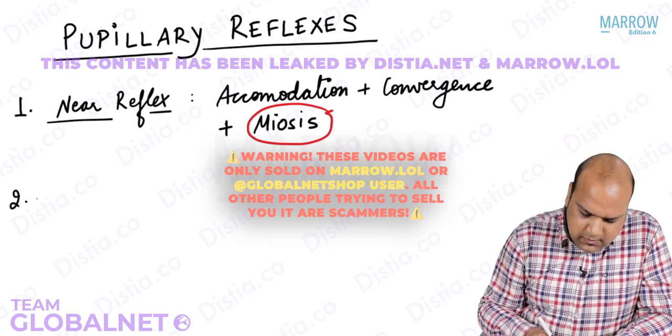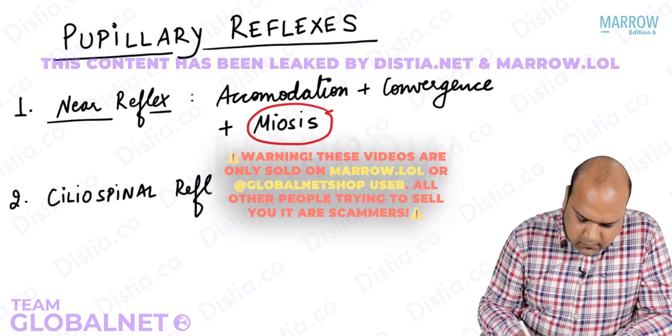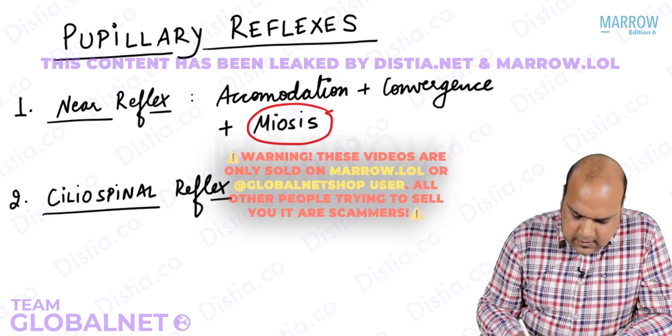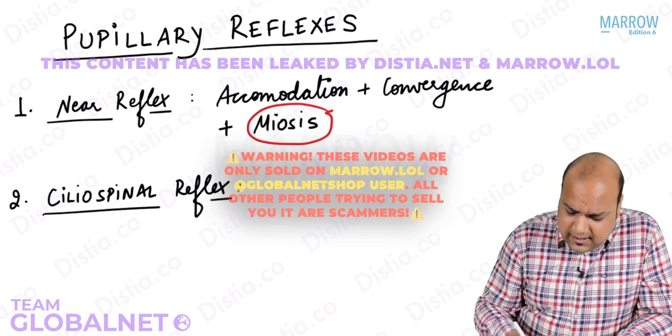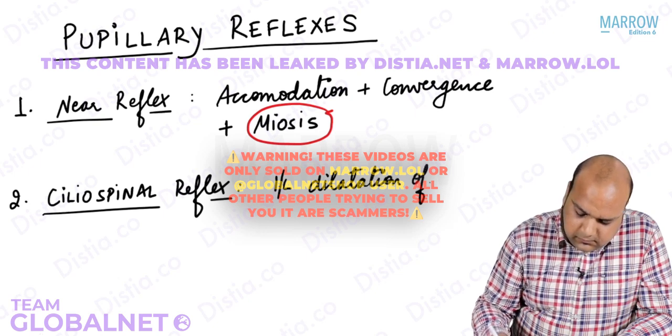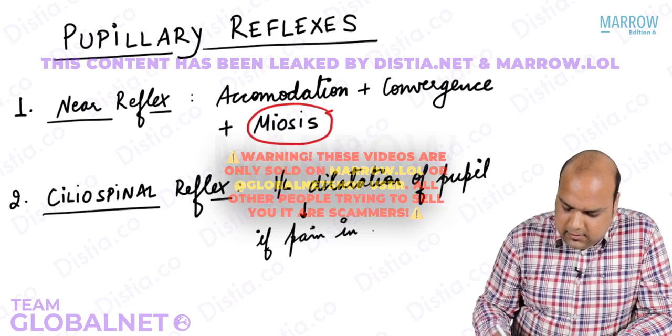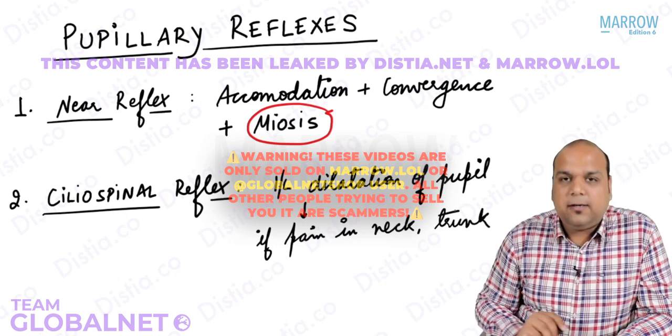Number two, ciliospinal reflex. Ciliospinal reflex is ipsilateral dilatation of the pupil in response to pain in the neck or trunk.